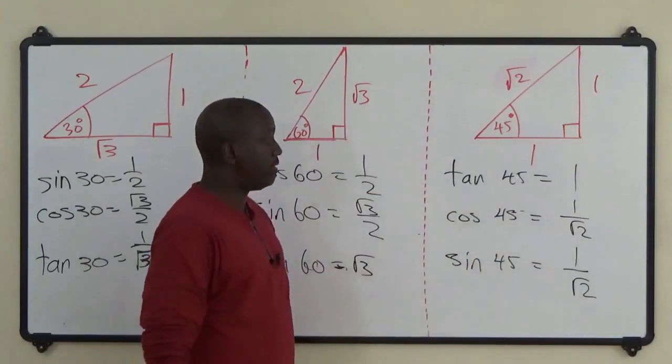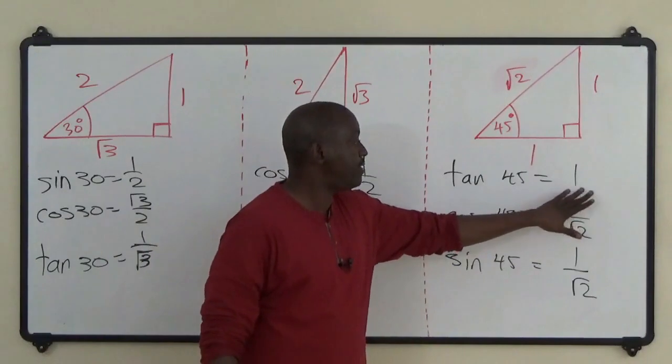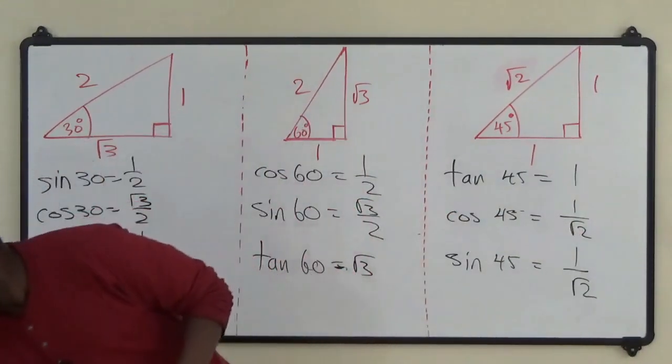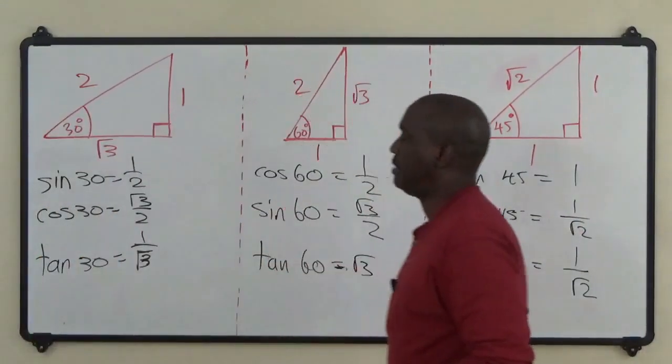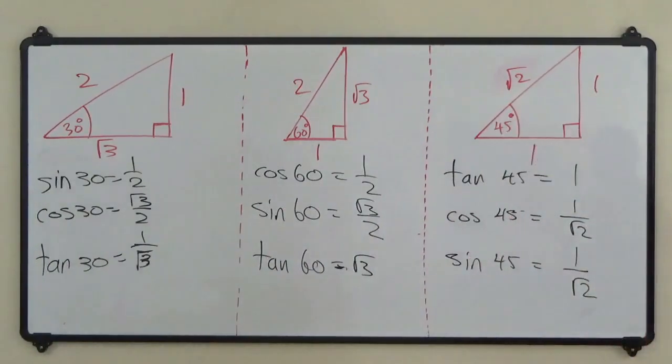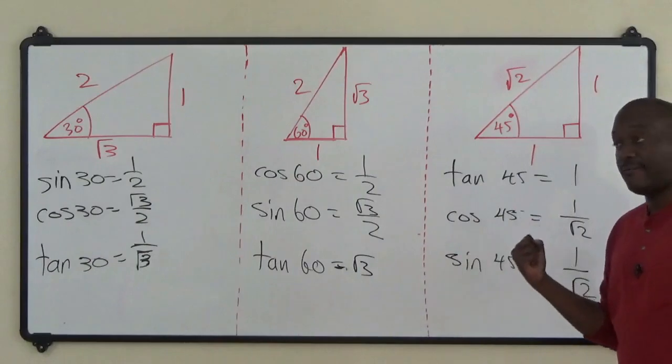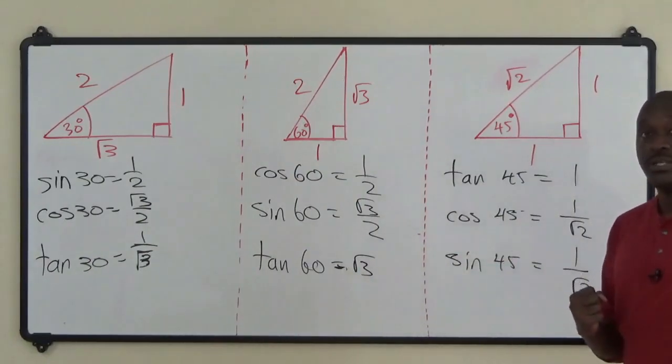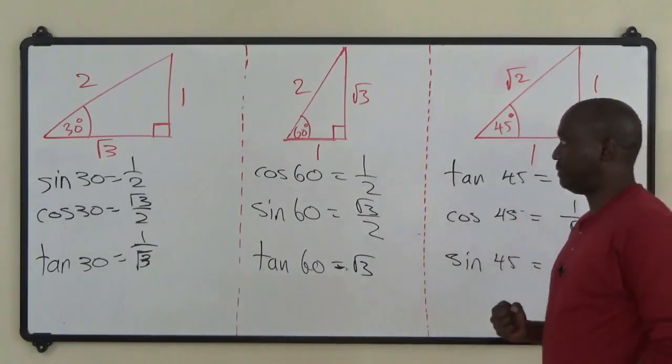And look, we have the same one right there. Alright? So these are some key relationships that you must have at the tip of your fingers when you're doing these special angles.